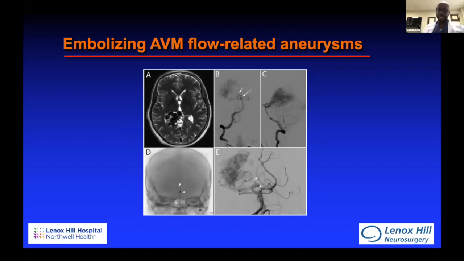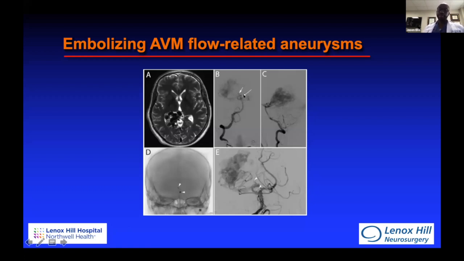Embolizing flow-related aneurysms. Aneurysms that are associated with AVMs are very high risk. We often go ahead and treat the aneurysms that we see on associated vessels while leaving the AVM alone, because we know that the associated aneurysms are such high risk.